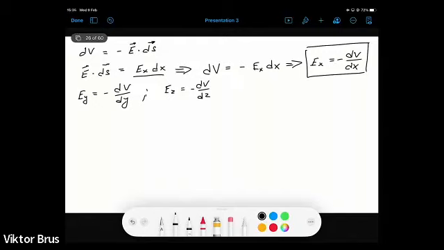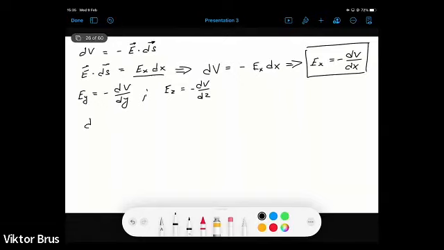So what if we are moving along some equipotential surface? So we move from point A to point B, and both of them are located at an equipotential surface.